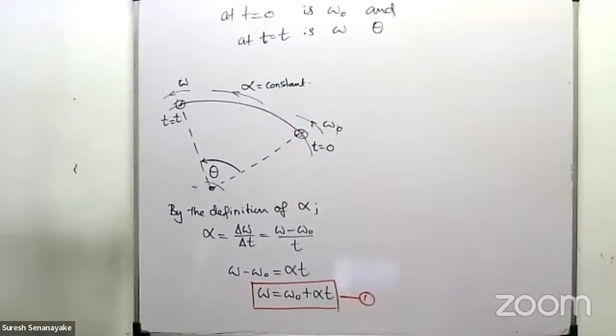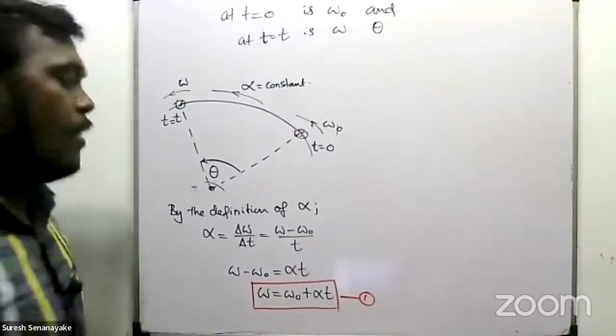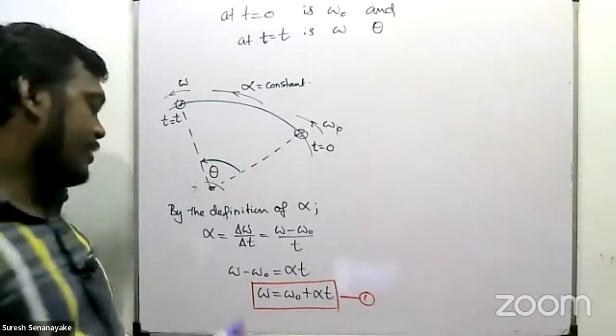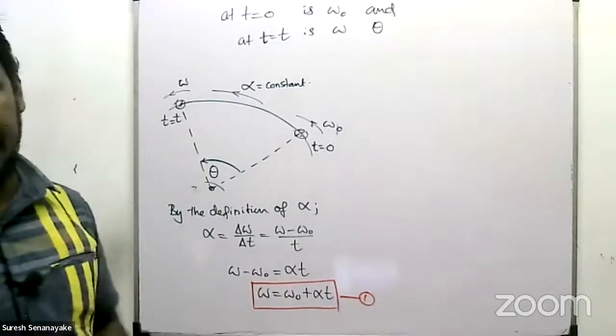Sorry for that, sir, that was a connection problem. Now it's okay, right? This gives omega equals omega naught plus alpha t.